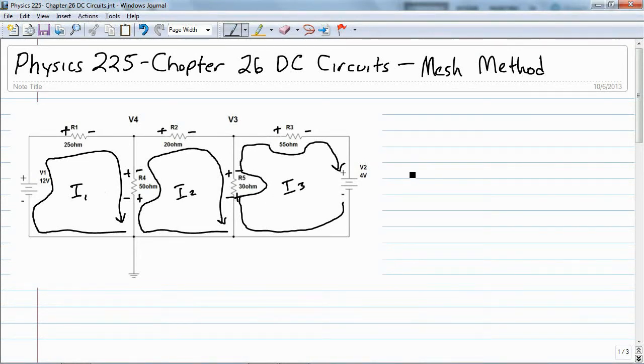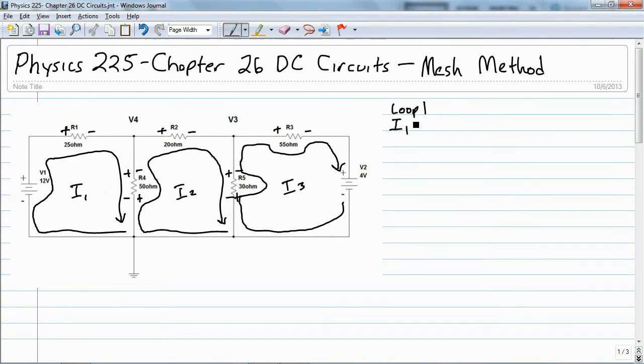Now, to write these equations very quickly, you could go through and do a nodal or a branch method. You'd have to take into account both currents going through these resistors. But just to give you an idea, I would write the loop current that I'm interested in. So this is loop 1.